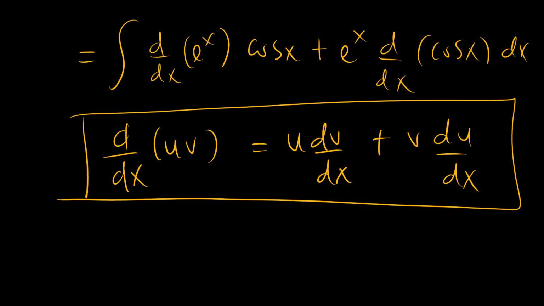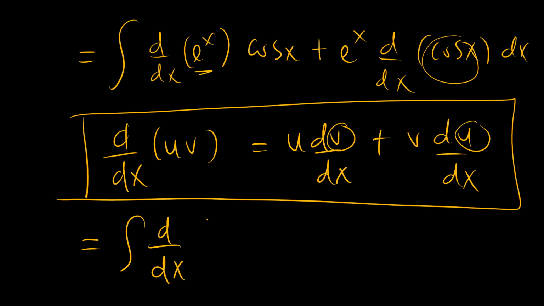So if, for example, in this instance, this is v, it corresponds with this, and if this is u, it corresponds with this. And so we can express our integral as the derivative of the product of e to the x and cosine x.